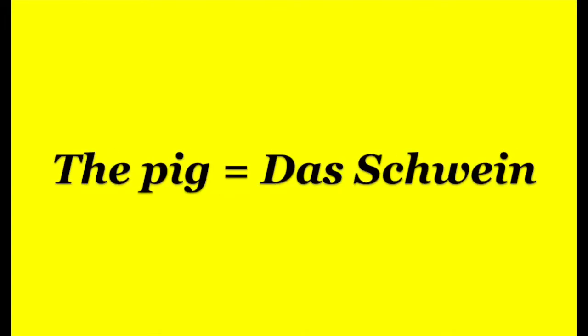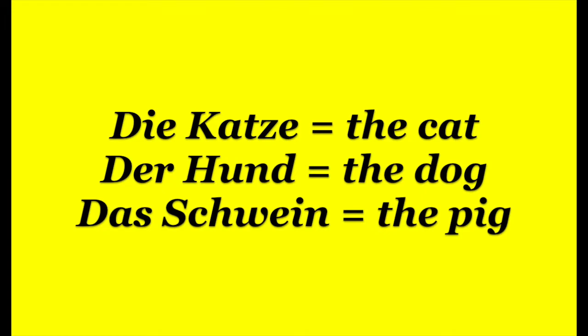The pig will be das Schwein. So, as you can see, in English we cannot see the gender of a noun through the article. In German, the articles tell us something about the gender and the grammatical cases; they carry information with them.